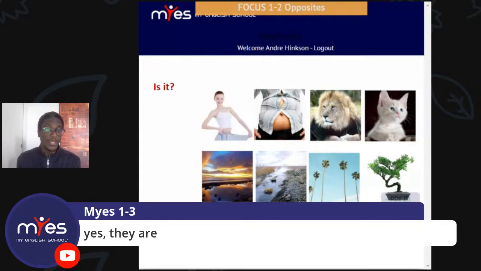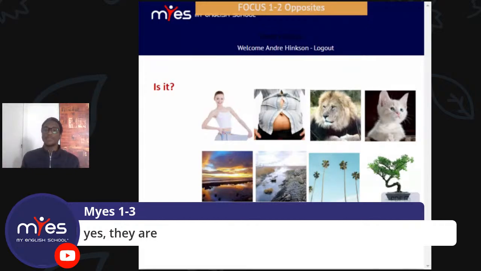So no, it isn't. Then respond with the positive. So no, it isn't. It's short. So that's the positive answer. No, it isn't. Negative. Then it's tall. The positive. Great. So here we have the positive and the negative.